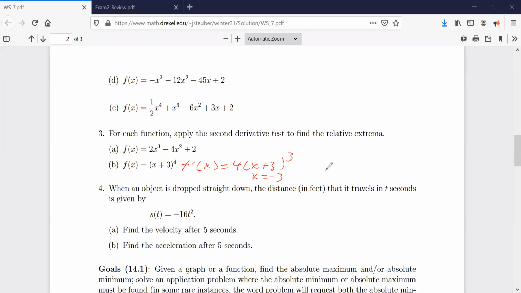And then if I do the second derivative, the second derivative is going to be equal to 12 times (x plus 3) all squared, right? So what am I going to do in terms of plugging this in?